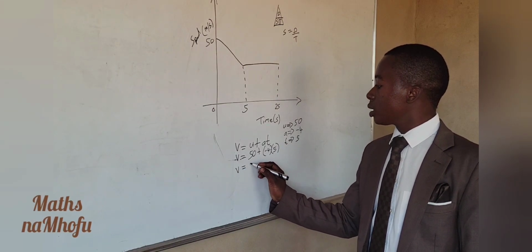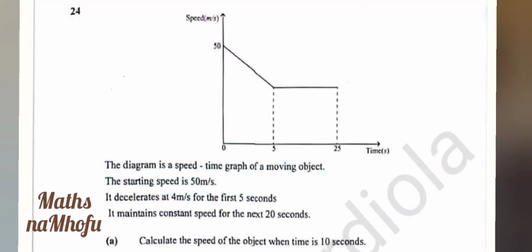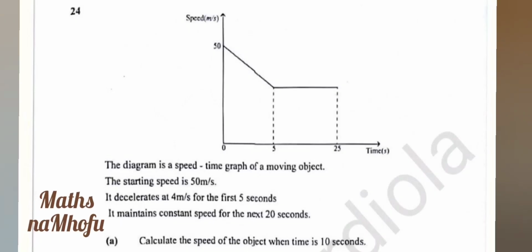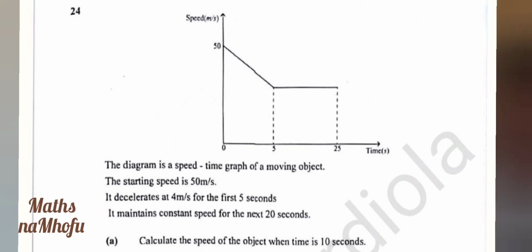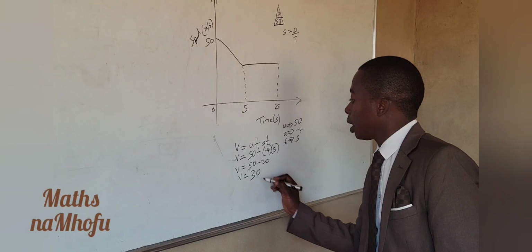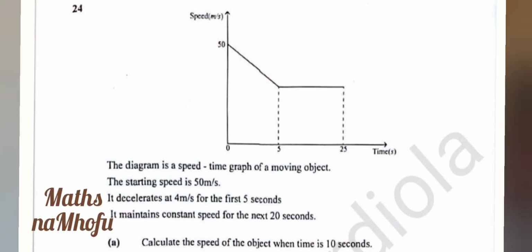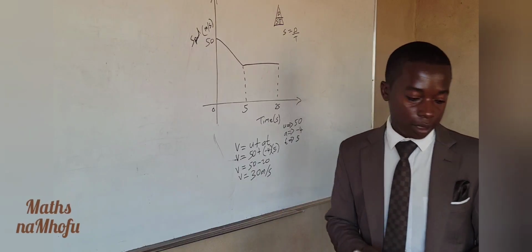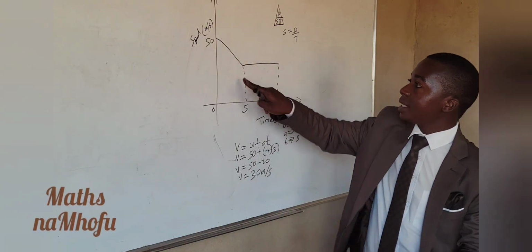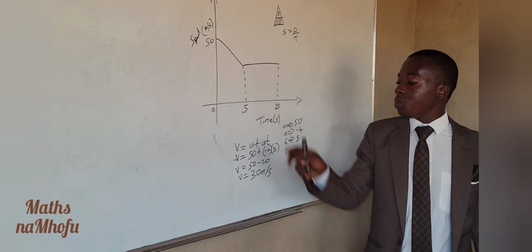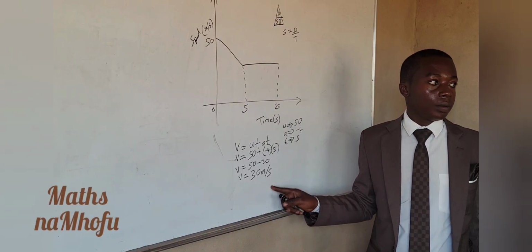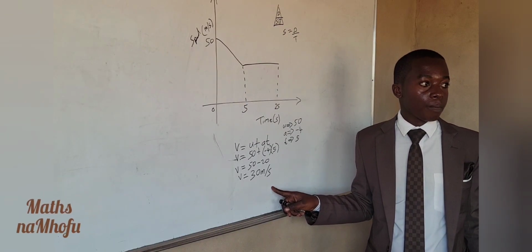So V equals 50 minus 20, which is 30. This is velocity, so we say 30 meters per second. It means at this stage, it was moving at 30 meters per second.